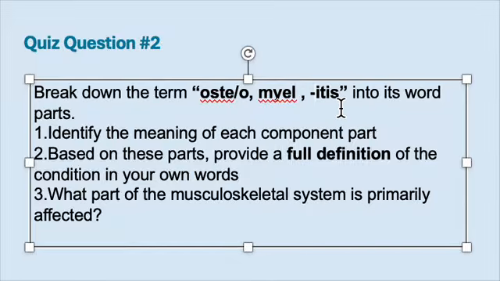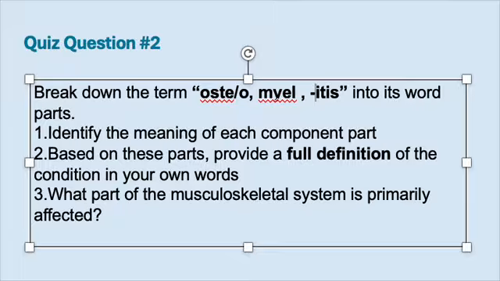Based on this breakdown, if we even forgot the less common root myel, we see osteo and we see itis, which we've looked at a lot in the past. So we know that we're dealing with inflammation of bone, and the myel is bone marrow. So this specific disorder, as we talked about last week, is a medical condition that has inflammation or swelling of the bone, typically caused by an infection.